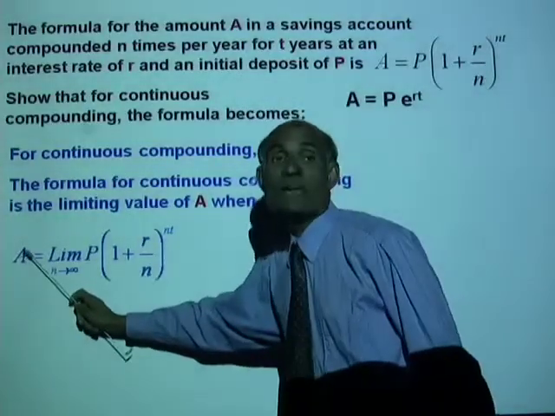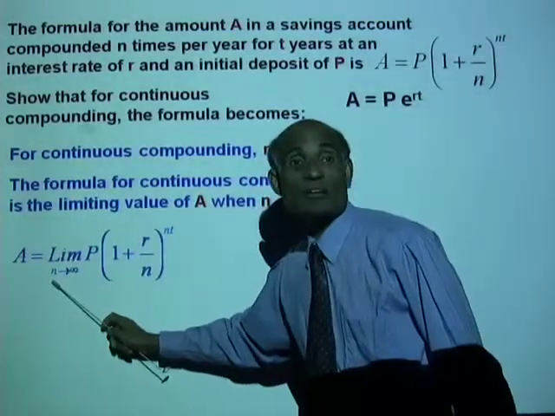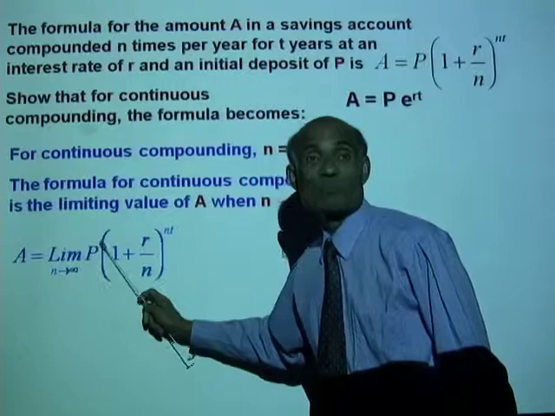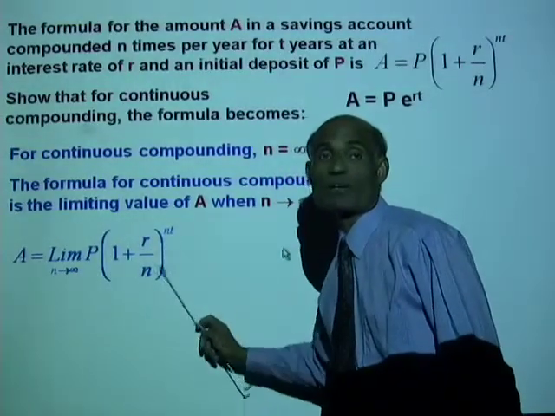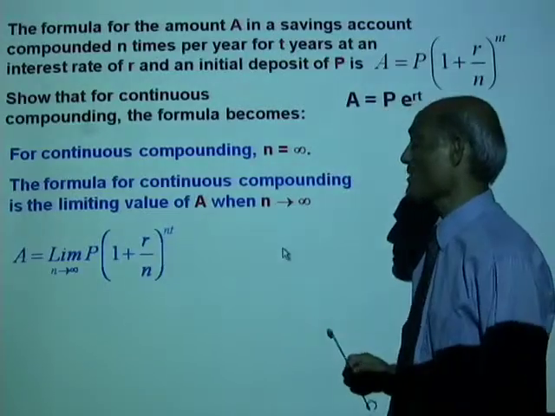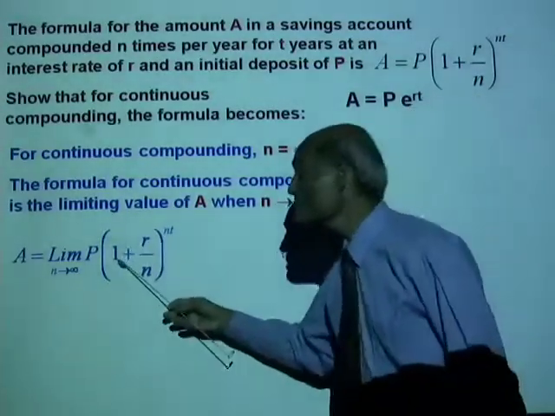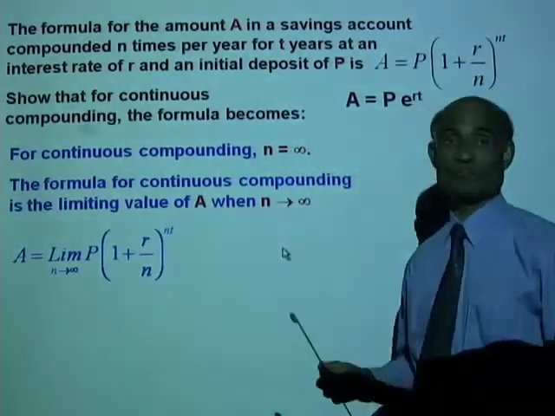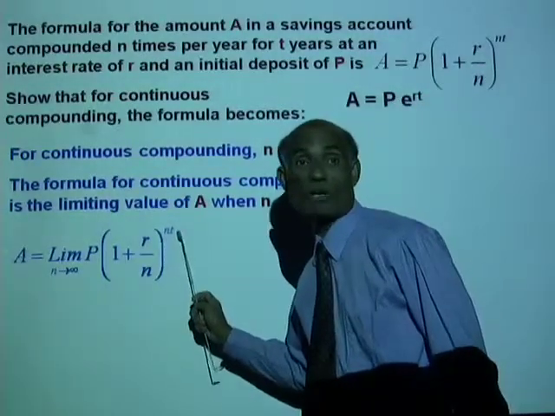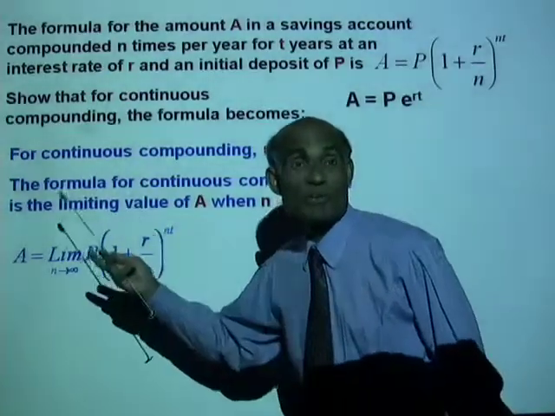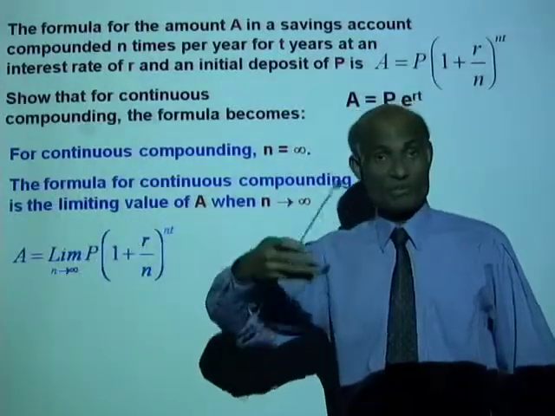So then A will be limit n goes to infinity of P times 1 plus r over n, all raised to the power of nt. Now we need to find the value of this. Okay, now here we have a power that contains the variable. t is our variable, is that right?